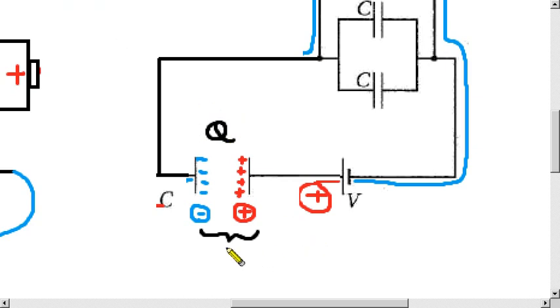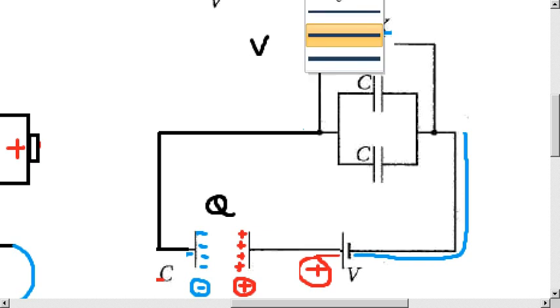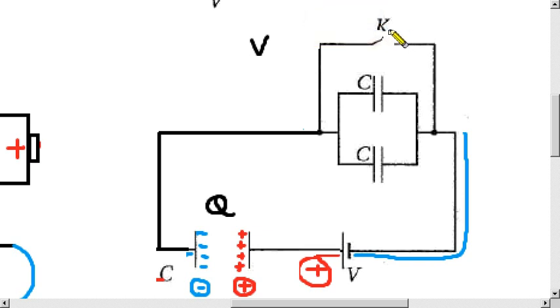So like this. So V voltage also must be there, V voltage. So now after getting that condenser charged, what they do, they open this switch. So let us now again check what changes have happened. So they open this switch like this.